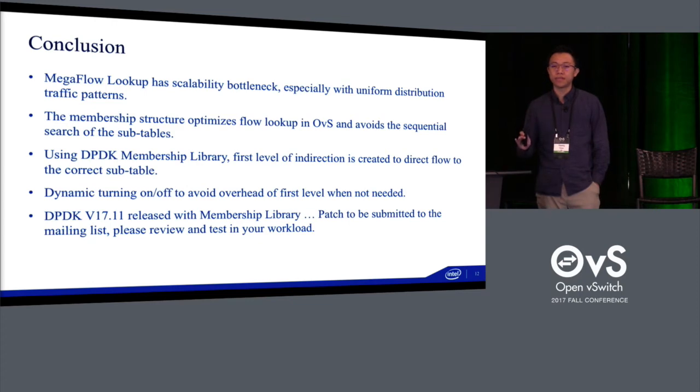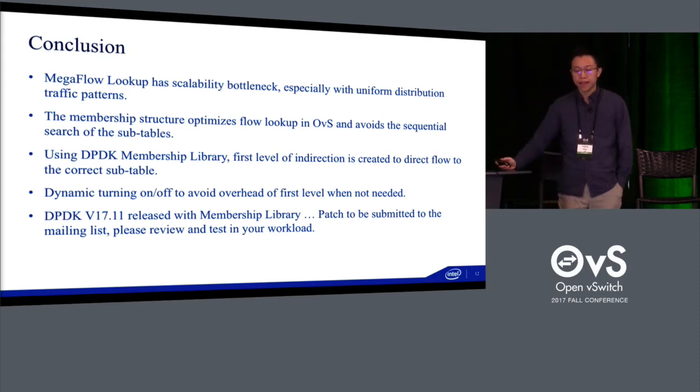It is super memory efficient and very fast, not like some big hash table. You can contain 1 million flows within 4 megabytes of space. It has a dynamic turn on, turn off mechanism so that it will probably not harm your performance in cases where you don't need Cuckoo distributor.